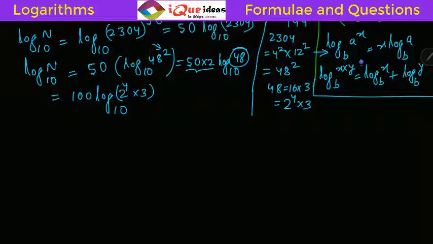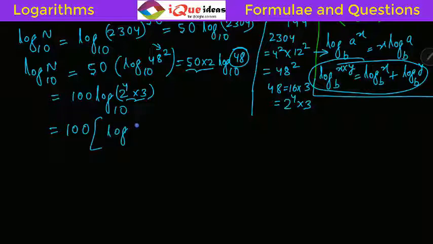Now following this second rule, the product rule, log of x into y to the base b is log x to the base b plus log y to the base b. This thing, 2 raised to the power 4 into 3, this log can be taken as 100 into log of 2 raised to the power 4 to the base 10 plus log of 3 to the base 10, right? So what we have is 100 into, this 4 again will come out.